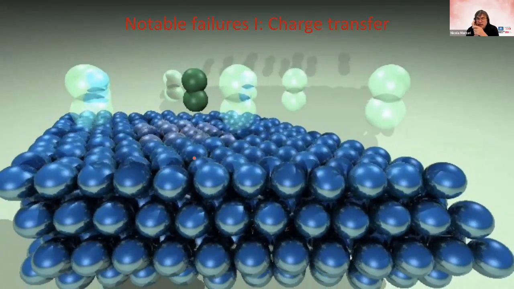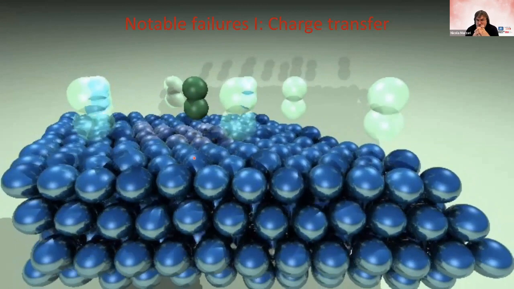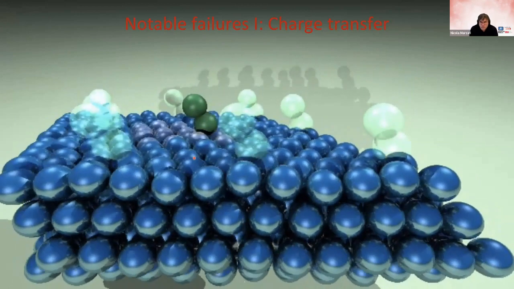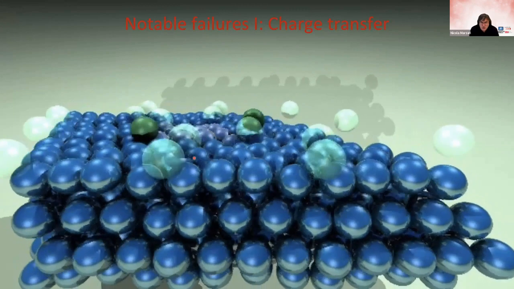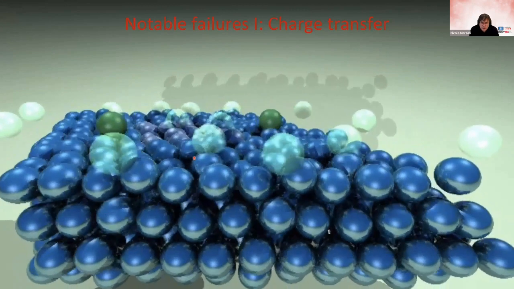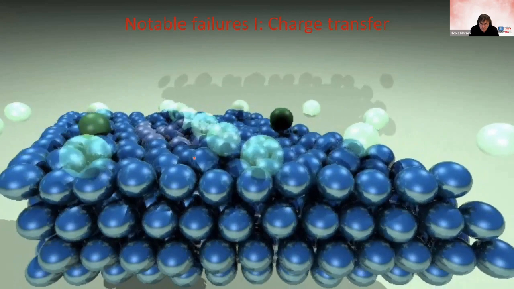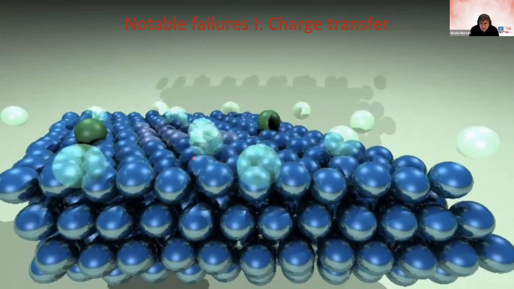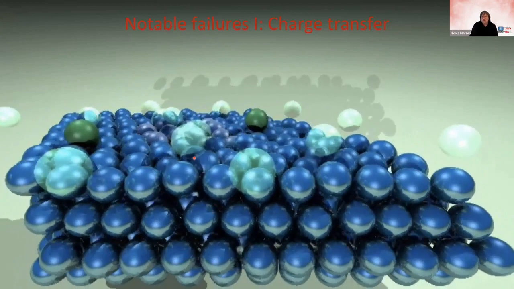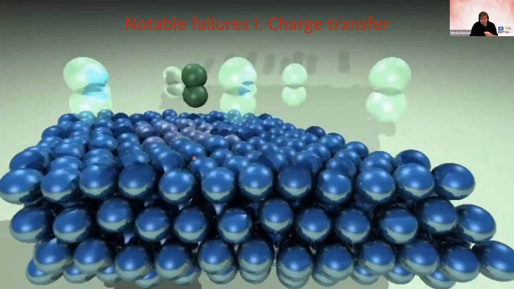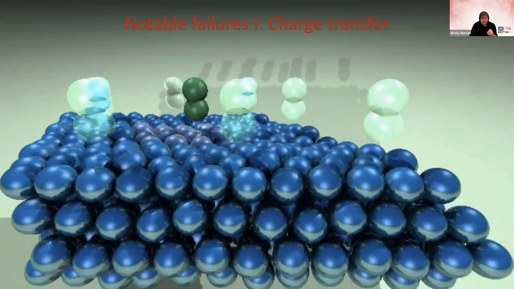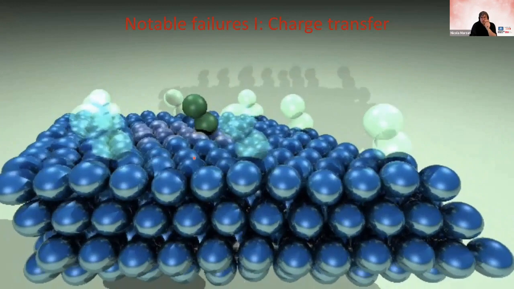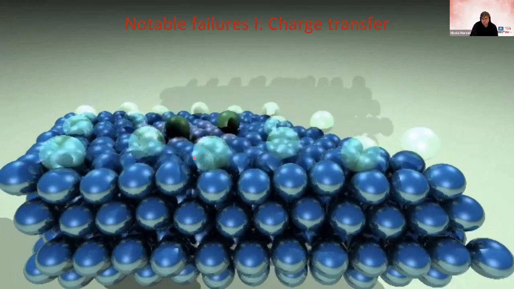Let me actually tell you a little bit of the failures of this. This is a 30-year-old movie I'm very fond of. This is the dissociation of a chlorine molecule on an aluminum surface. And what happens as this molecule comes close to the surface is that we have a charge transfer from the Fermi energy of the metal to the LUMO of the molecule.